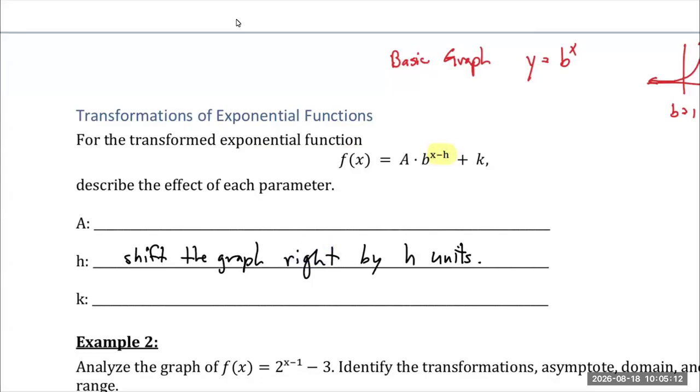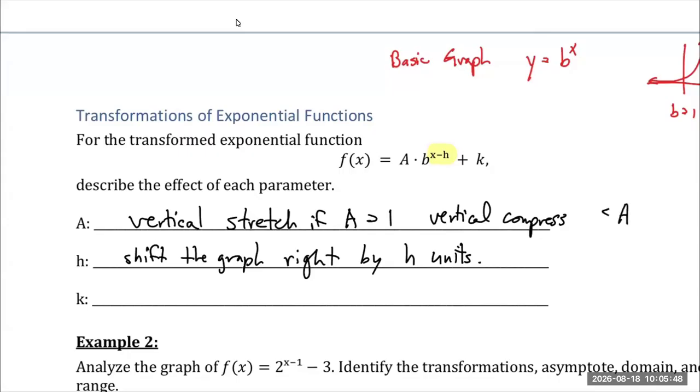All the vertical actions happen outside of the basic function. You'll see that we have this A in front, and what the A is going to do is correspond to a vertical stretch if A is greater than 1, and a vertical compress if A is between 0 and 1.